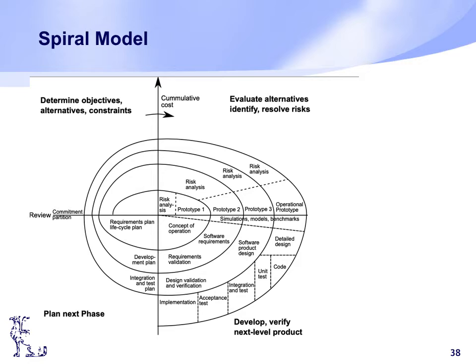So the first stage is determine objectives, alternatives, and constraints. So here at the start of every loop or at the start of every cycle, we will do requirement engineering. So that means we will gather requirements from the customer, and we will identify the objectives here, and those objectives will be analyzed at this stage.